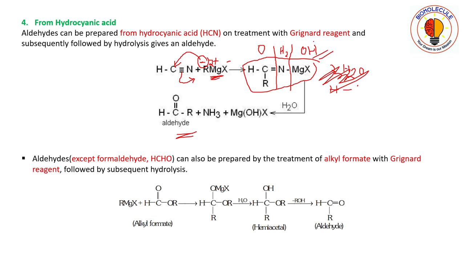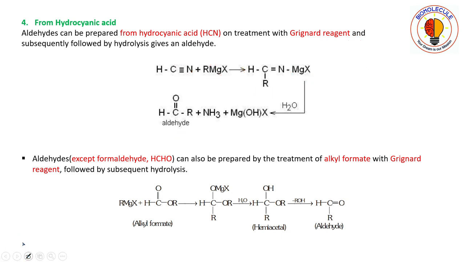You can think that another H is taken by this nitrogen. Oh, I'm so sorry. This R minus attacks here, and this nitrogen becomes negatively charged. Now this nitrogen goes and attacks over magnesium, so now nitrogen is bonded with magnesium halide. So further hydrolysis will give us aldehyde.